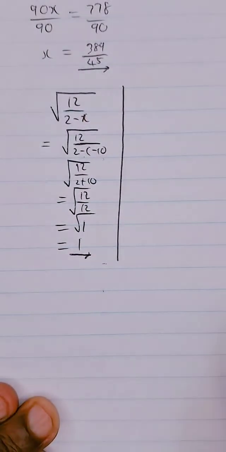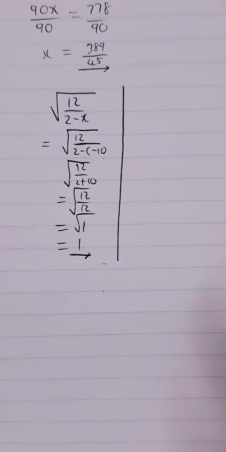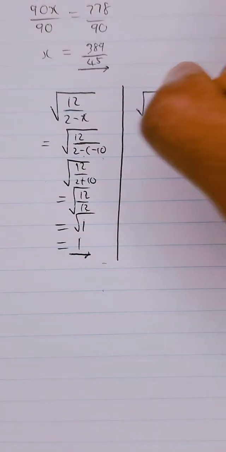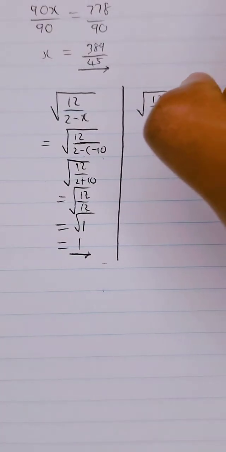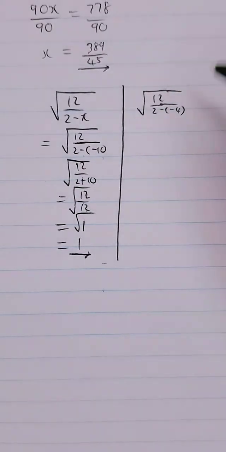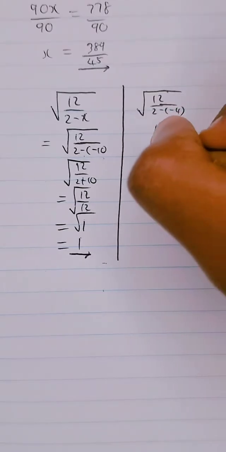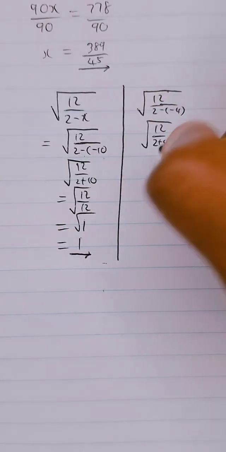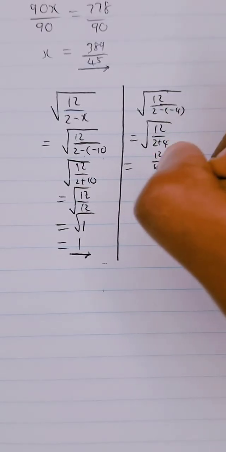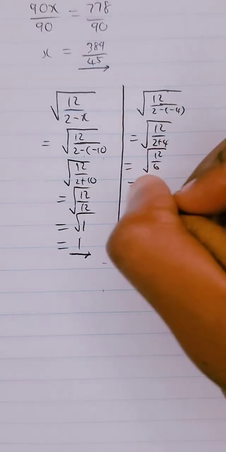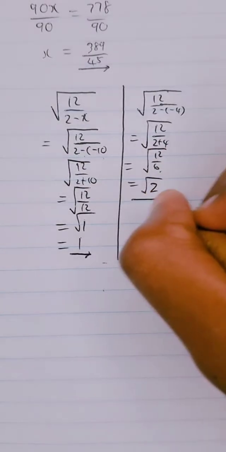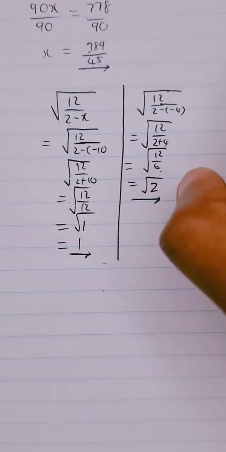Let's check if it will work for negative 4. 12 over 2 minus negative 4, that's 12 over 2 plus 4. We together? That is 12 over 6. 12 divided by 6 is 2. The square root of 2, guys, is not rational.